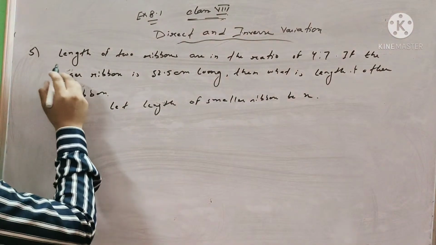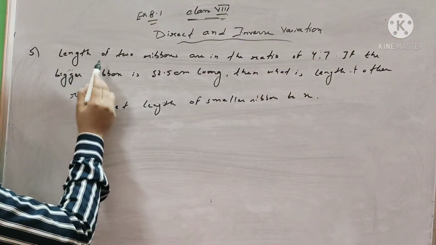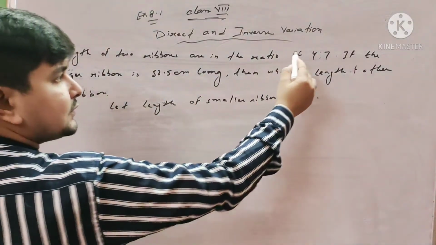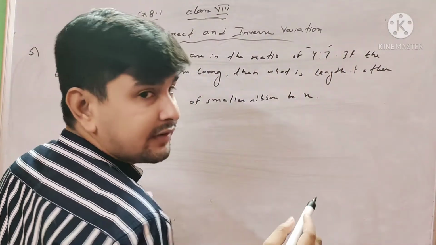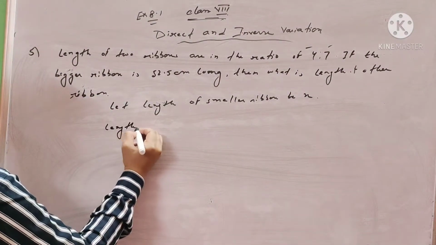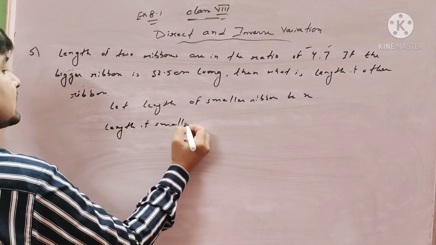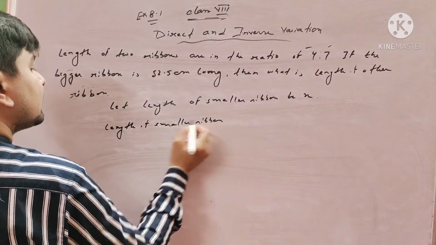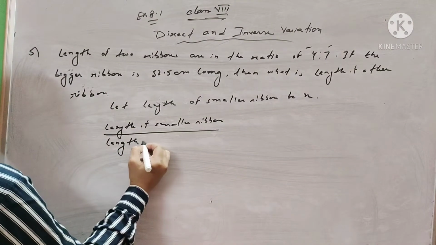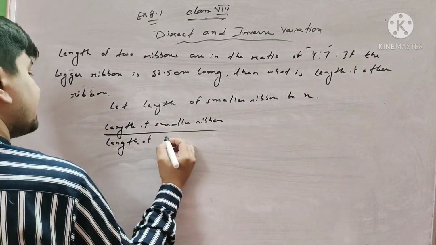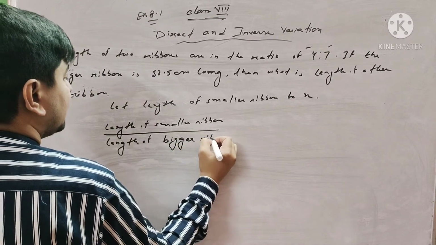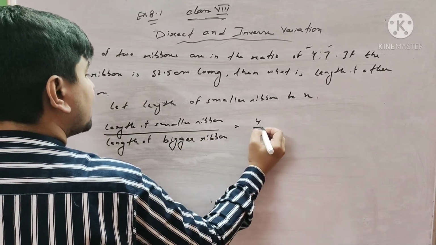Okay, so what is given here? The lengths of the two ribbons are in the ratio 4:7. That means 4 is the smaller and 7 is the bigger one. So length of smaller ribbon by length of bigger ribbon equals 4/7.